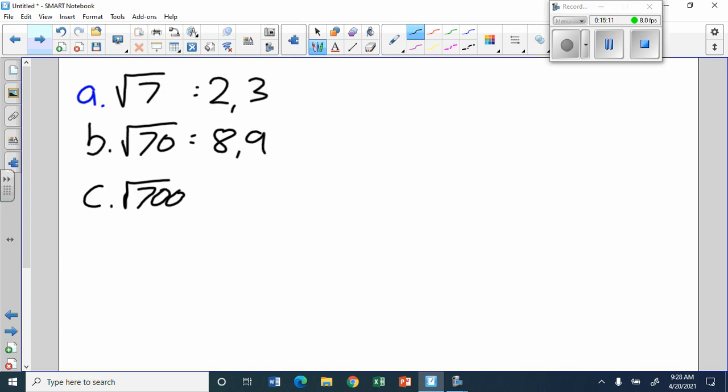700. We might have to pick some numbers there, right? Because it's off our chart. What do we want to start with? 20 times 20 is 400, so it's got to be higher than 20. 30 times 30 is 900. 25, I hear. 25 squared, I know that one is 625. Higher or lower? 26 squared. I don't have that one memorized.